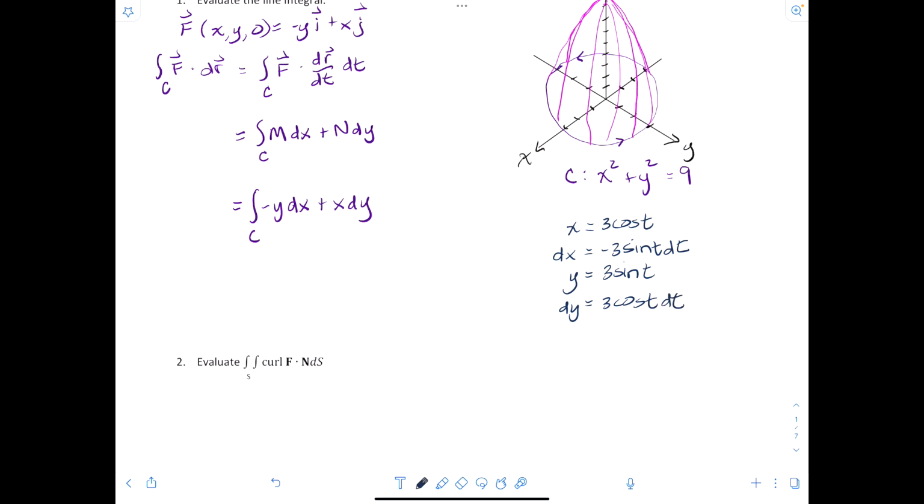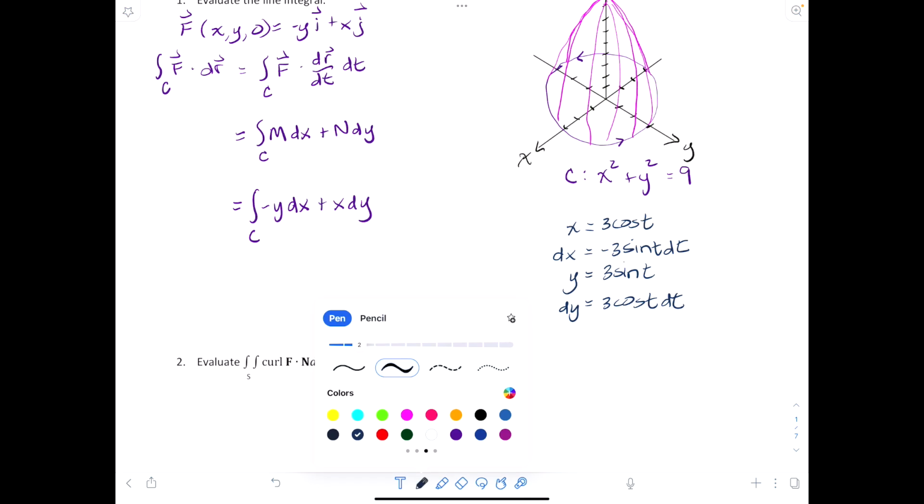And we're going a complete circle, so we'll be going from 0 to 2π.